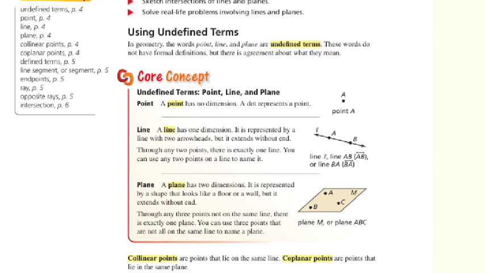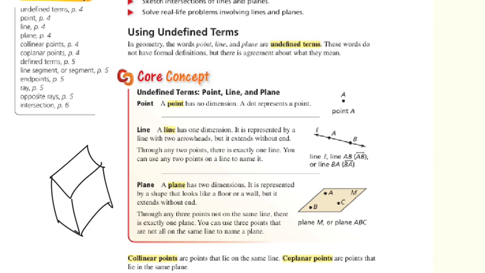So in our aquarium example, here's our aquarium, right? The points on the aquarium are like the corners of the aquarium. The lines are like the edges, and planes are like the faces, the sides of the aquarium.